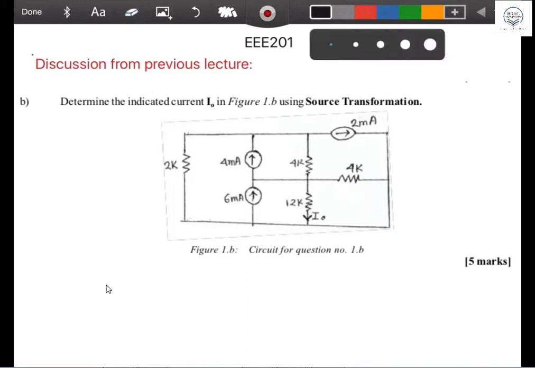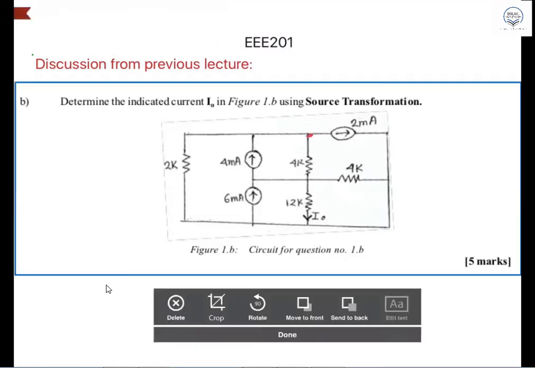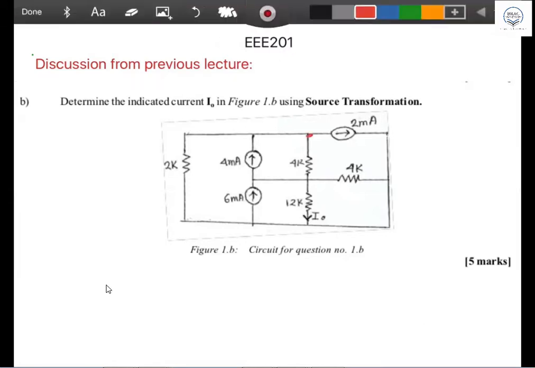If you go with this, the first thing you have to do is with this 2 milliampere current source. This point is coming up to this, and the other terminal of the current source is coming up to this. So what can we do?